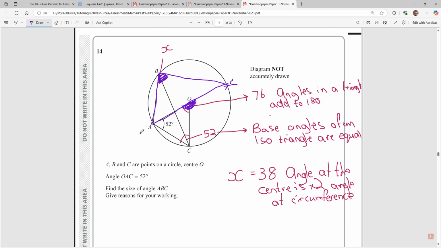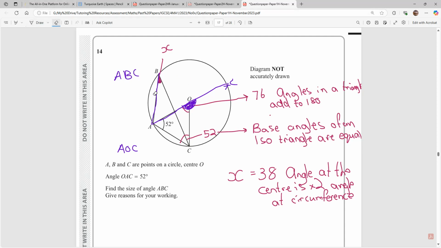Okay, and if we look at what this angle is there, that is angle AOC. And this is angle ABC. Okay, and if we get rid of these lines, go back to what we had originally, the 76 is angle AOC and the X is angle ABC. So that's why those two bits are going to be like they are.